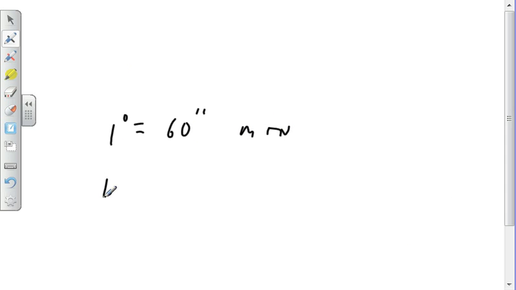And then 1 minute, if I could make a minute, 1 minute has 60 seconds. So again, the ancient Babylonians divided their circle into 60 parts, but they divided those 360 parts in degrees, but each of those degrees have 60 parts, and we call them minutes, and each of those have 60 parts, and we call them seconds.